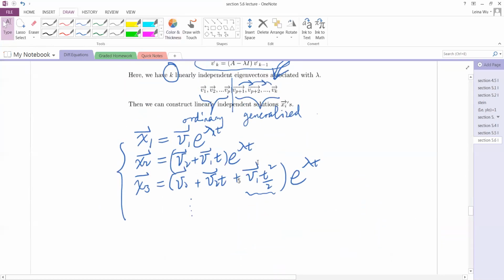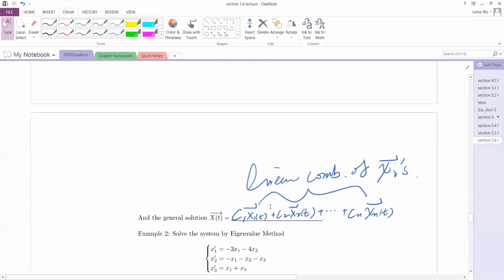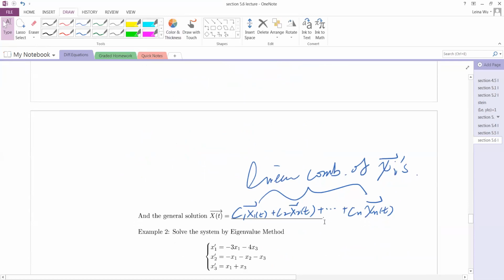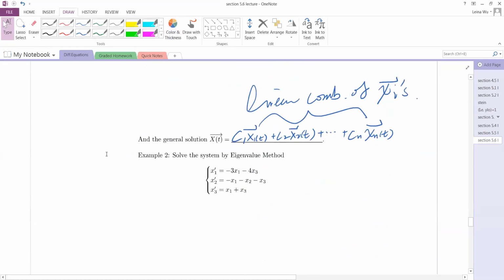Does that make sense, guys? Yes. We're just trying to generalize the case from multiplicity 2 to multiplicity k. Okay, so that's going to be the general solution.